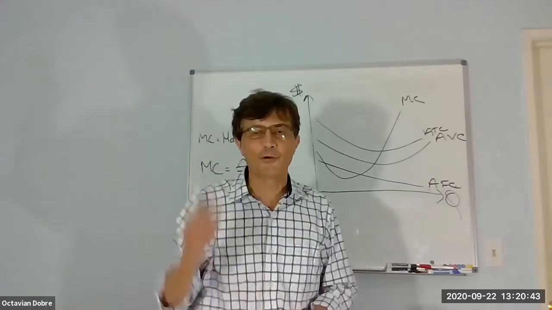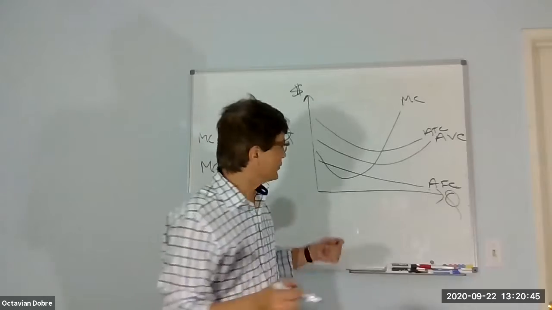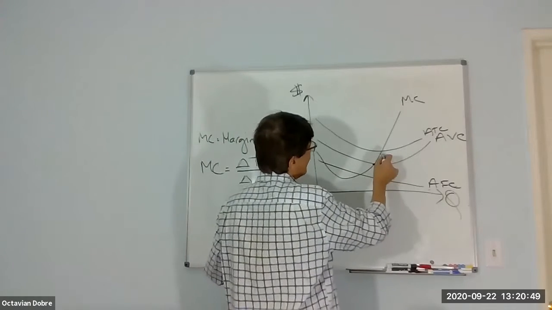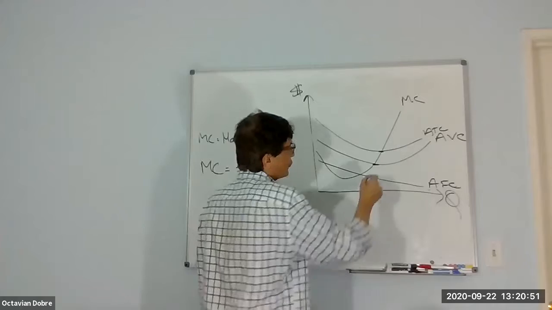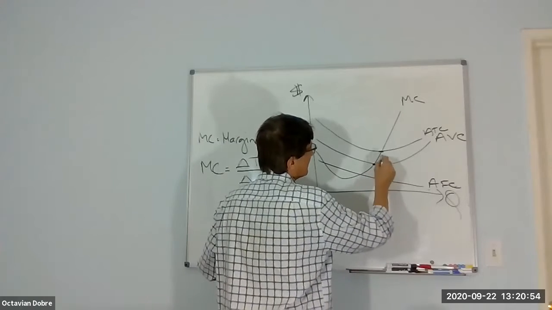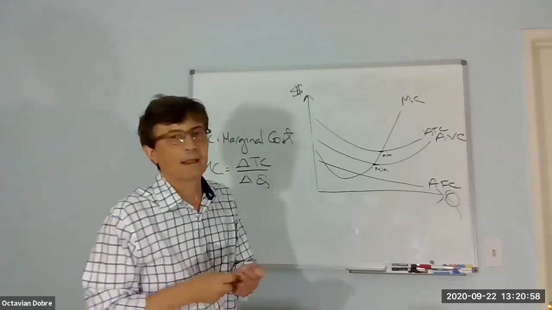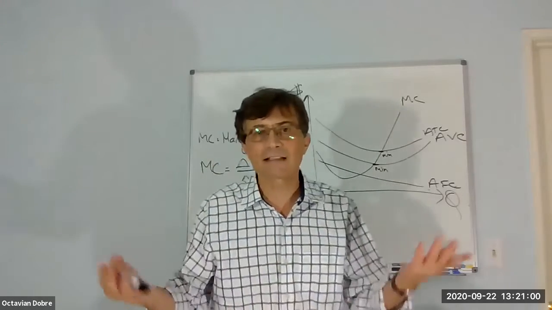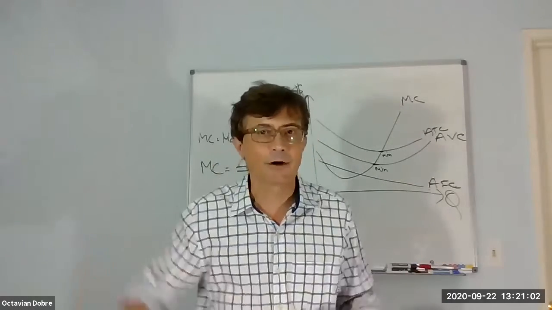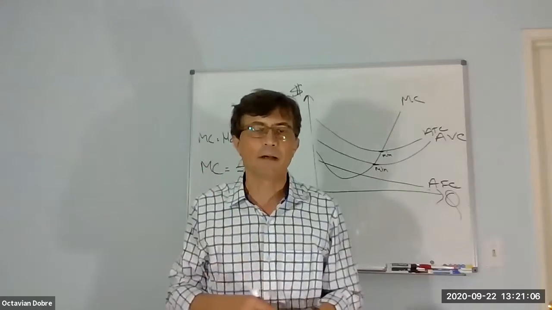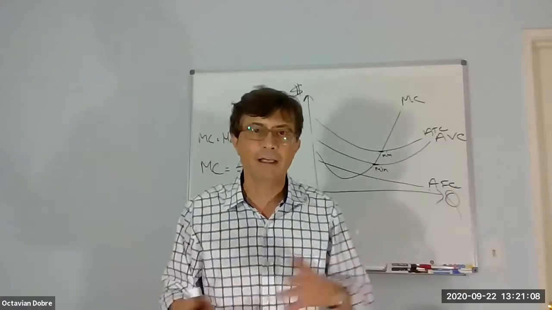What I wanted to show you is that marginal cost should cross both the average variable and the average total at the minimum point. In my graphs, it's not going to happen very often because I do it in a hurry and I'm not going to hit the minimum. It doesn't matter. It should hit the minimum.